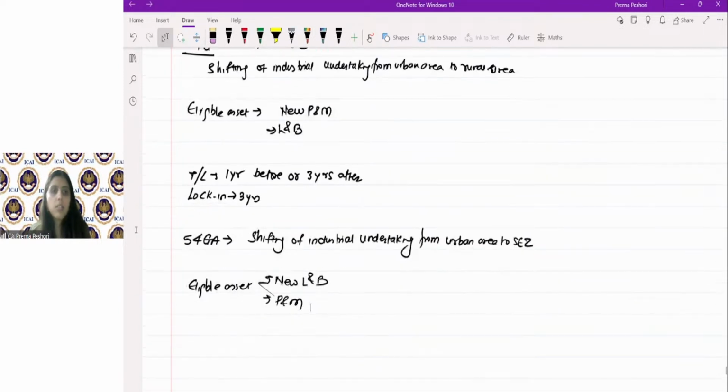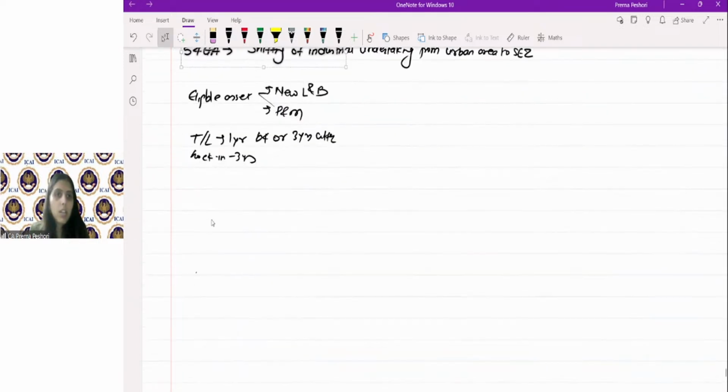Here you can write it down. Time limit 1 year before or 3 years after, and lock-in is 3 years. Okay, next is 54 GB. This is by individual or HUF. What is the transferred asset?